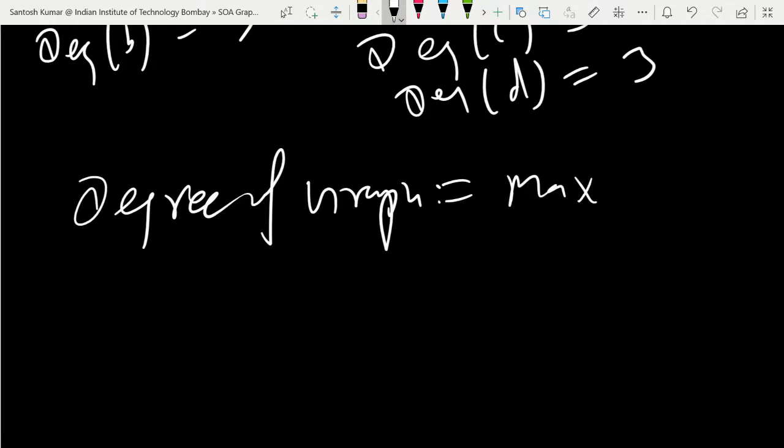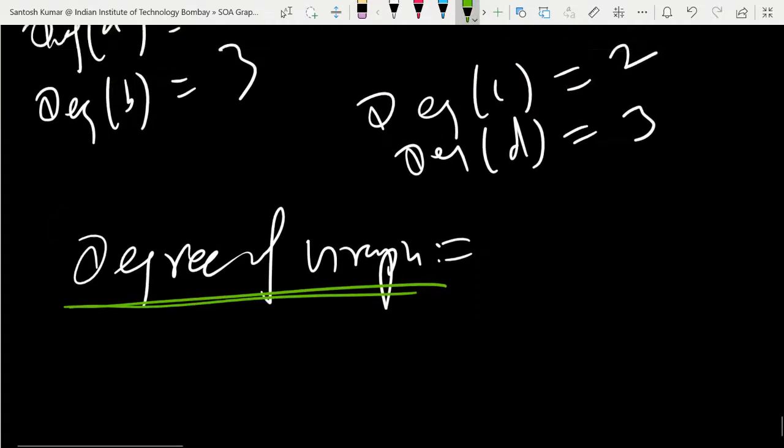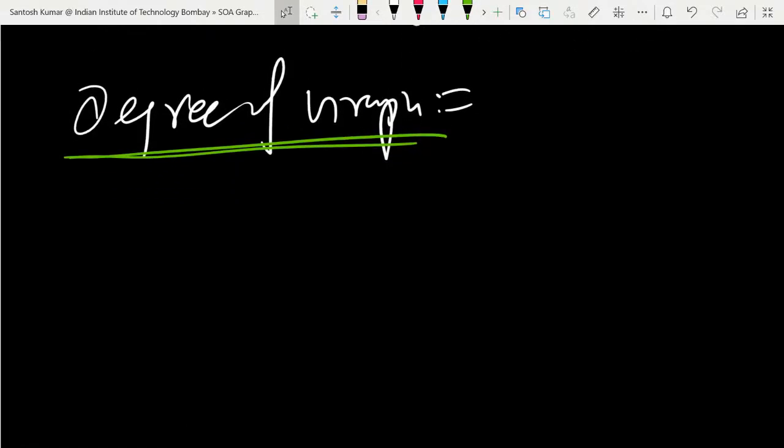Okay, how do you define it? Can you define it in your own words? How do you define the degree of a graph? Degree of a graph. Okay. So how do you define it? So am I audible?